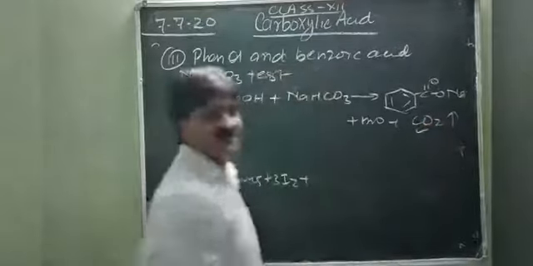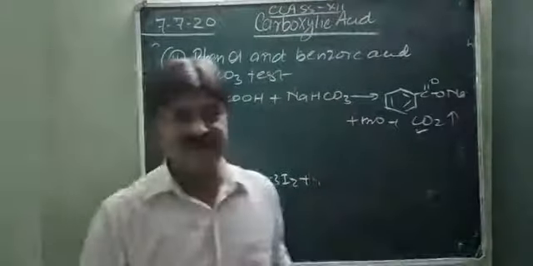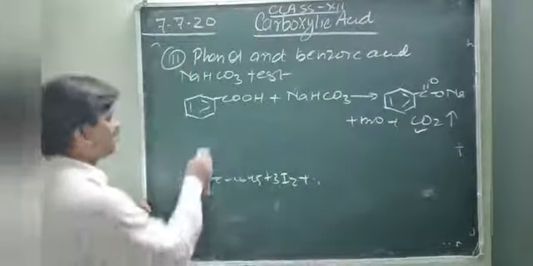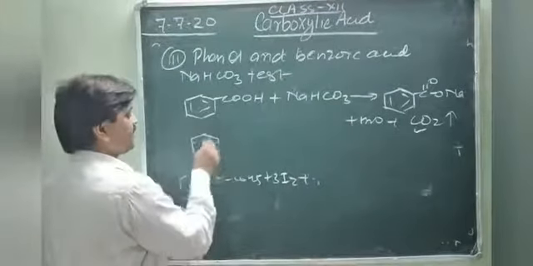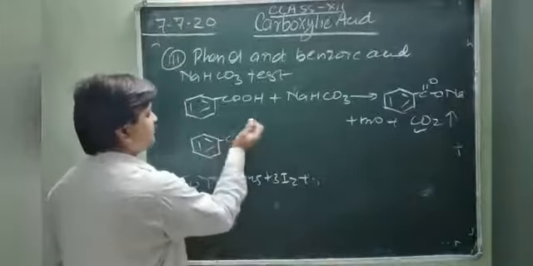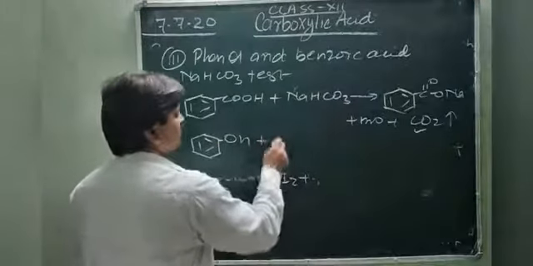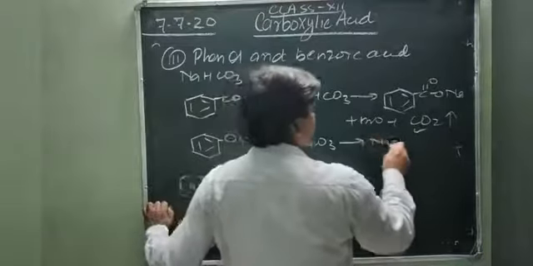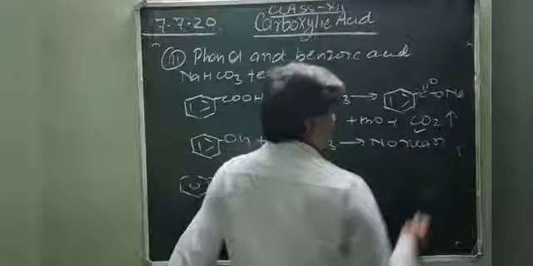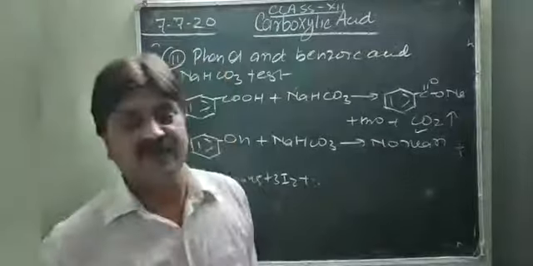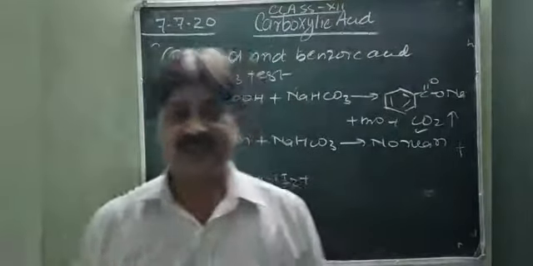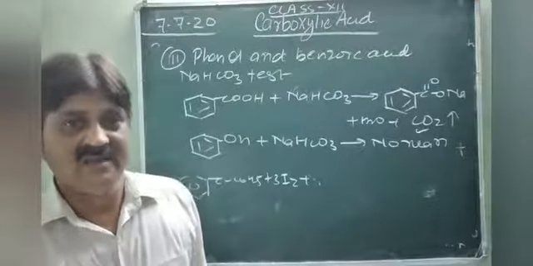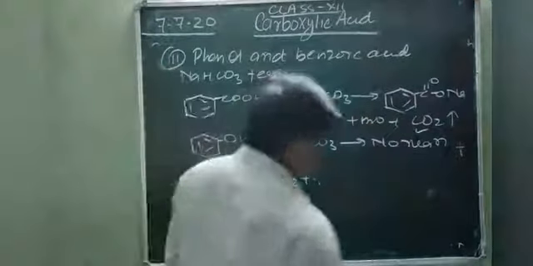Very rapid effervescence is found in the case of the acid, whereas phenol does not give this test, no reaction. So the compound which does not give the test with sodium bicarbonate is phenol, and the one which gives the reaction is the acid. Is it clear?